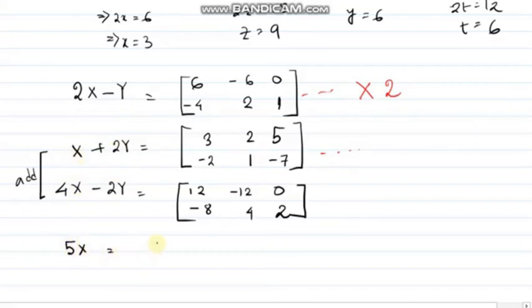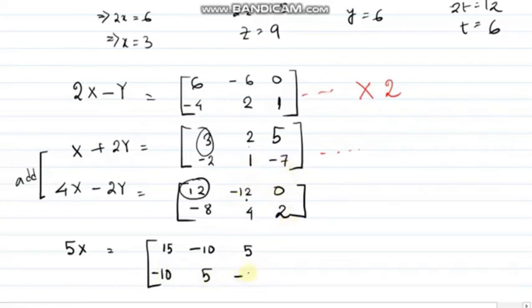So 5x equals, just add the corresponding elements: 3 plus 12, that is 15; 2 minus 12, that is minus 10; 5 plus 0 equals 5; minus 2 minus 8, that is minus 10; 1 plus 4 equals 5; minus 7 minus 2, that is minus 5.